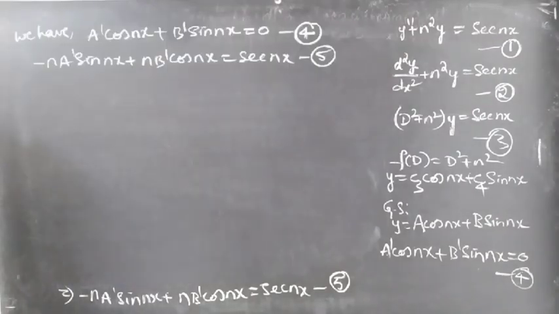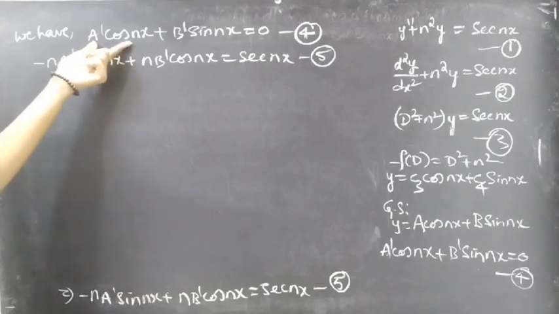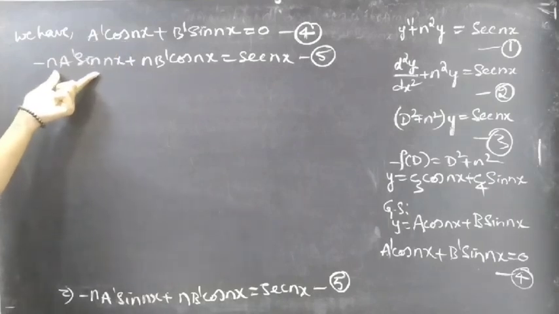We have equations 4 and 5. Just observe the terms involving a dash in both equations. We have a dash cos nx in equation 4 and minus n a dash sin nx in equation 5.